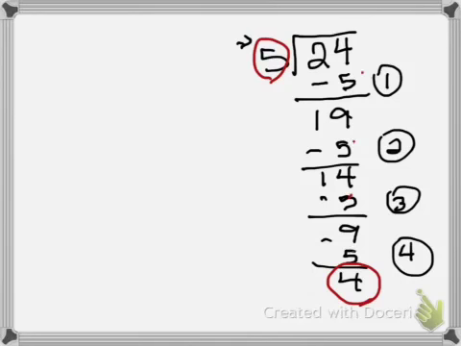I have subtracted 5 4 different times. So that's part of my quotient. So it's 4 with a remainder of 4 left over. Like I said, I may end up with a math problem that doesn't have a remainder, and I may end up with some, like this problem, that has a remainder, remainder 4.